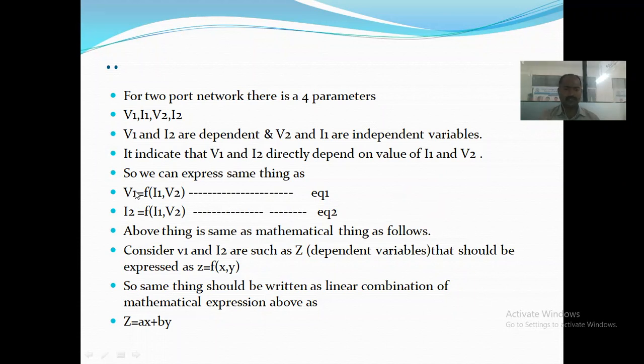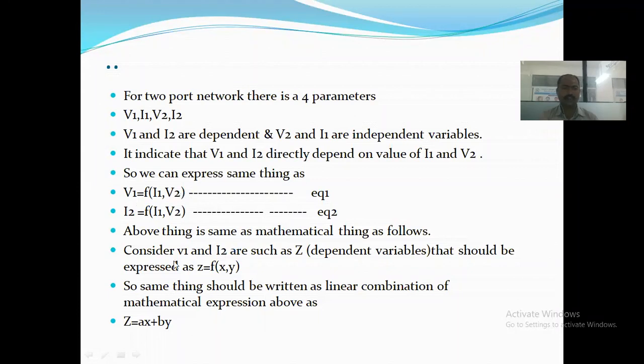Now why use Z? In the mathematical sense, V1 and I2 are the dependent variables. If we consider these dependent variables as Z, one of the variables for the particular condition, Z is a dependent variable. This is the considerable thing. Then Z is equal to a function of x comma y.